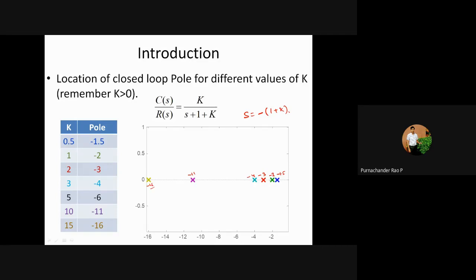So these poles are located on the s plane like this. The path of all these poles, all these roots, is called the root locus of the system.